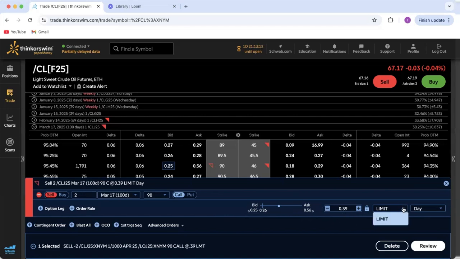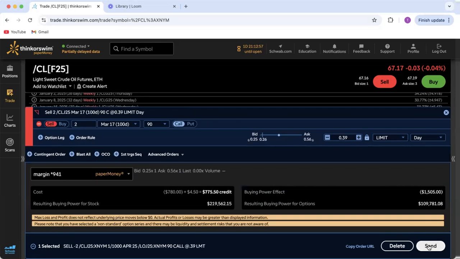And then limit order is really the only choice we have in the commodities market. Day order just means this order would be good until the close of business today. That's what all that means. Now, once I get what I want here, I can click review. So if I sold two of these, I would collect $775.50.